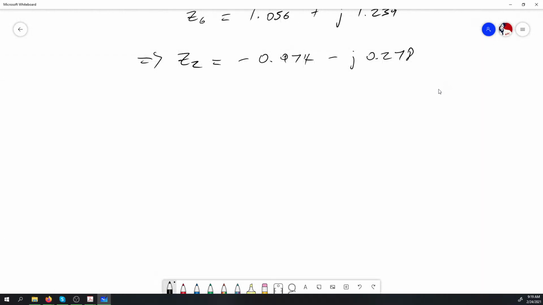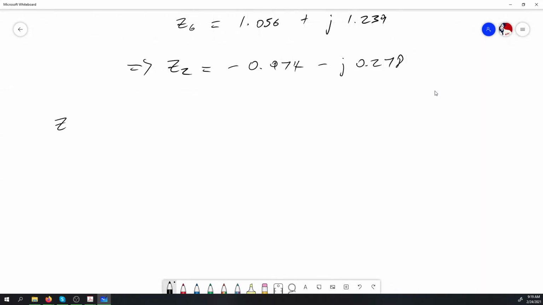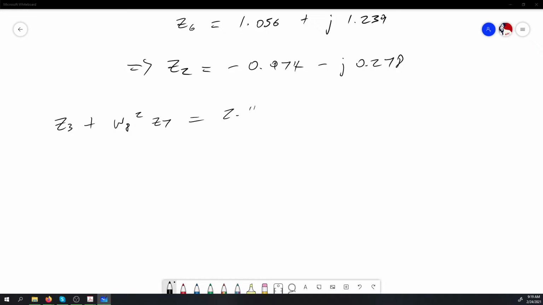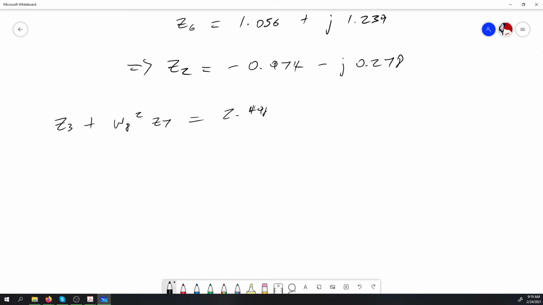Z3 plus W8 of 2 Z7 will be equal to 2.48 minus j into 0.657. Okay.